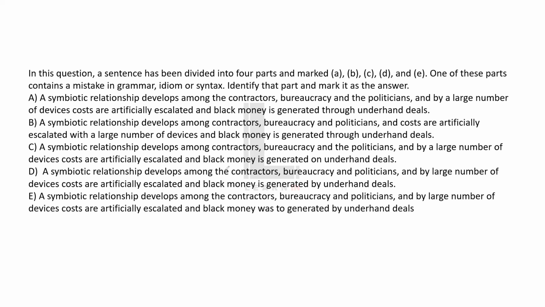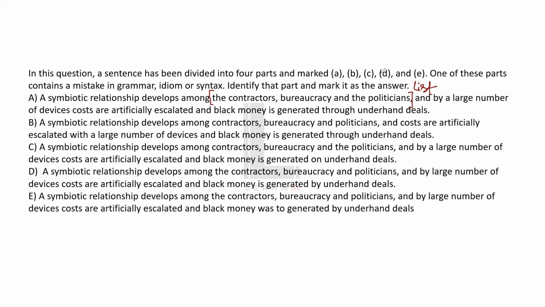Whenever you see the list, okay, a symbiotic relationship develops. Okay, develops. I do not need to check this, right? Among the contractors, among contractors, right? So the first thing that comes to my notice is this list.